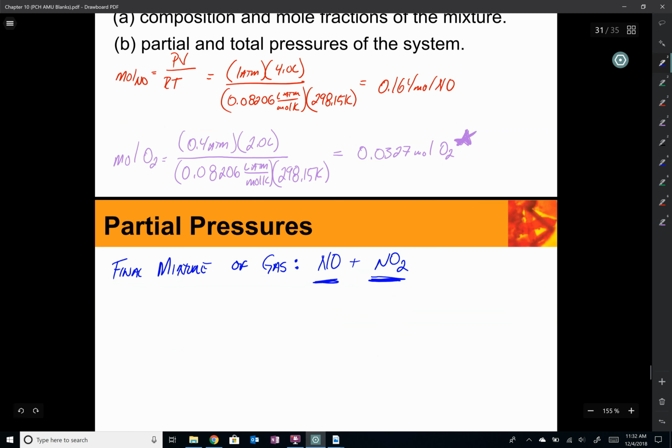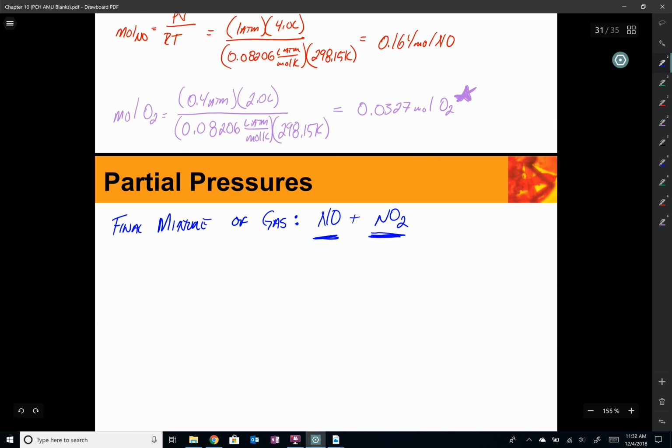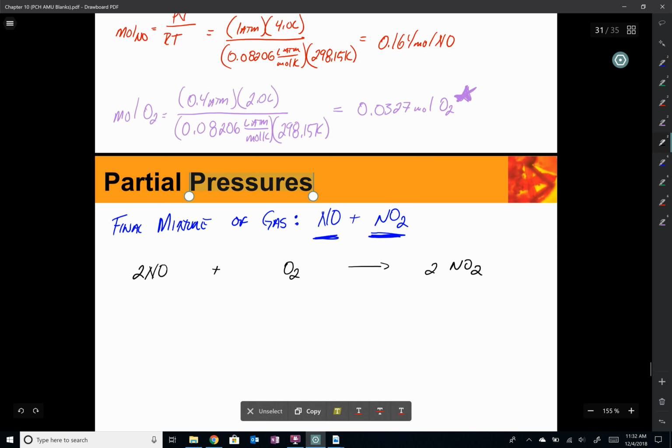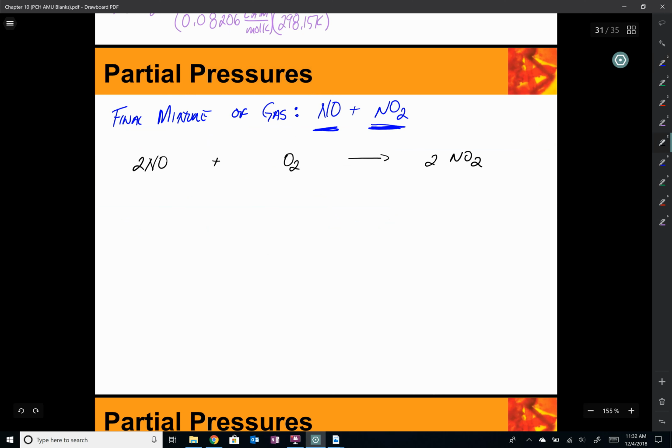So how are we going to do this? Well, the easiest thing to do is to set up a table. So what I'm going to do is write my reaction again. Okay, this is my reaction that we have from up there. I'm going to make what's called an ICE table, where ICE just stands for initial, change, and we'll say ending for now.